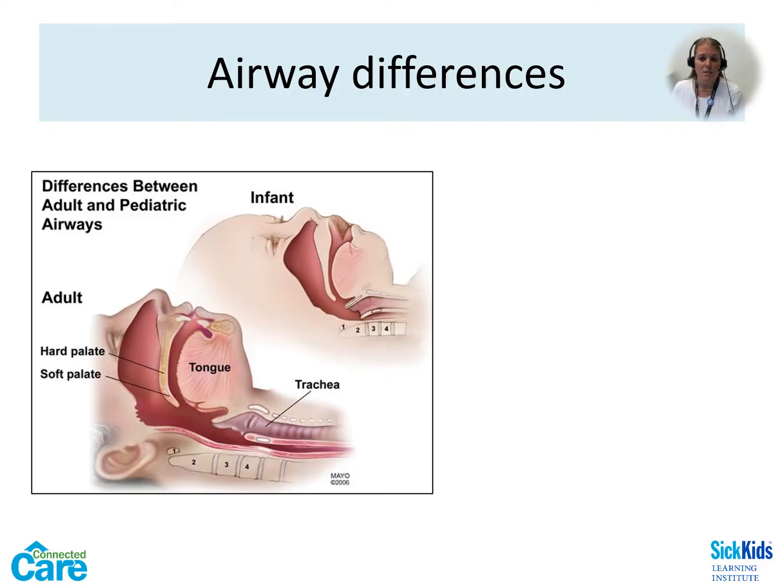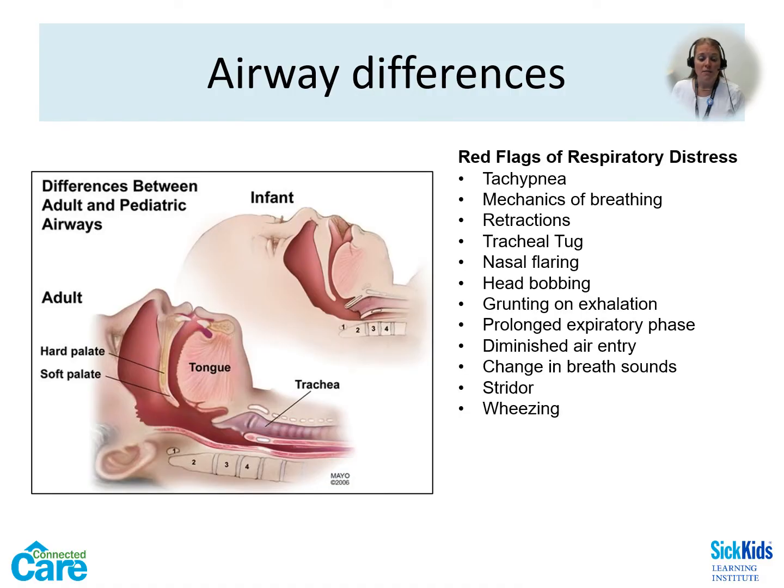Let's take a moment to review the signs of respiratory distress, including red flags as well as late signs of respiratory distress. Red flags of respiratory distress include tachypnea, changes in the mechanics of breathing, retractions, a tracheal tug, nasal flaring, head bobbing, grunting on exhalation, prolonged expiratory phase, diminished air entry, change in breath sounds, stridor, and wheezing.